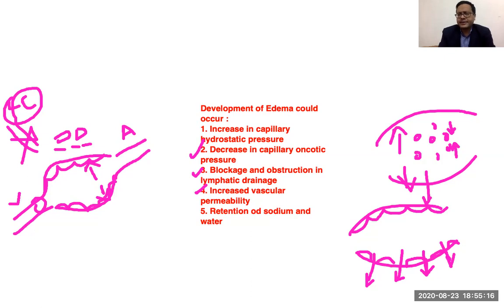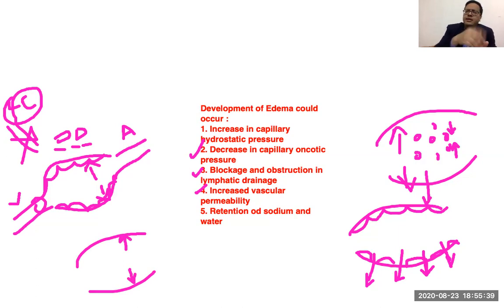Increase in capillary hydrostatic pressure means the hydraulic force, the hydrostatic force, which is working in the capillary and wants the fluid to go outwards from the capillary to the extravascular space. When that is increased, it particularly occurs due to some kind of problem or obstruction in the venous drainage.